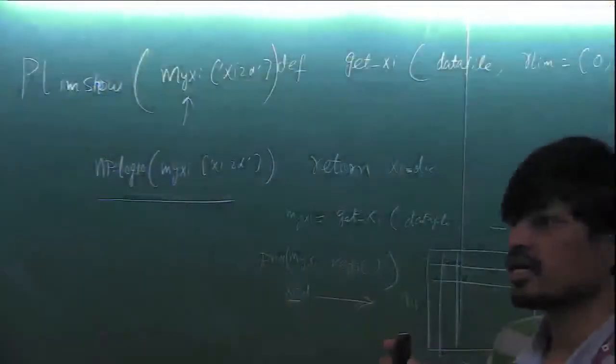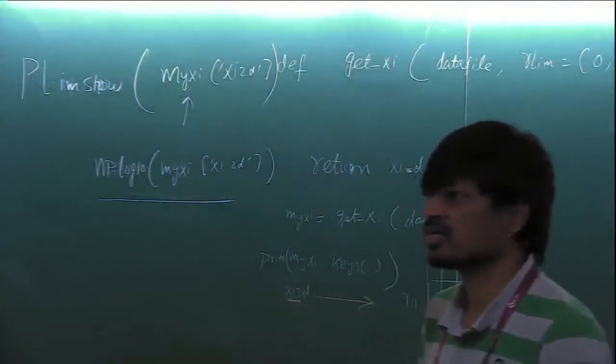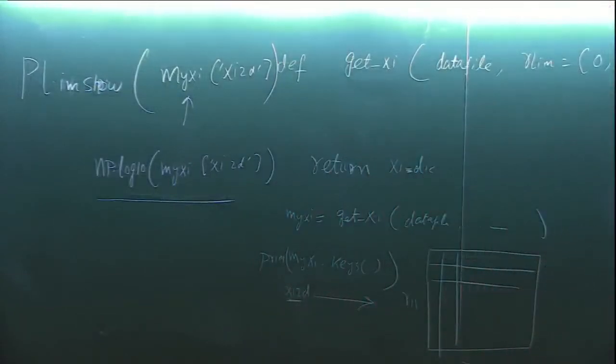So are you able to see something which you have seen in several talks? Are you able to see a plot which is something you have seen in several talks, right?